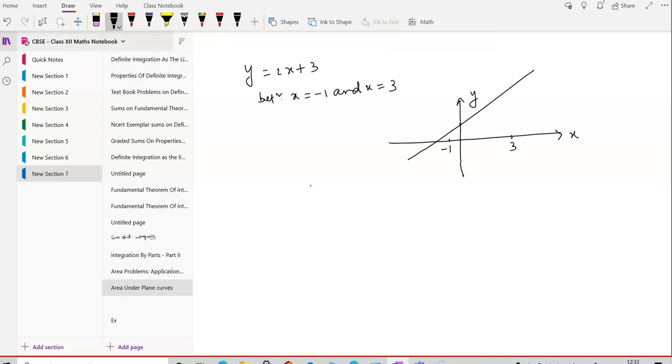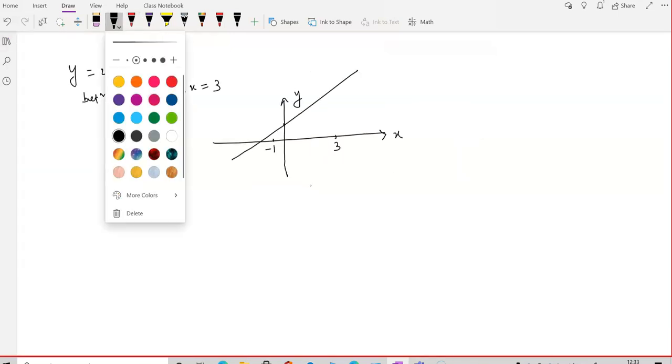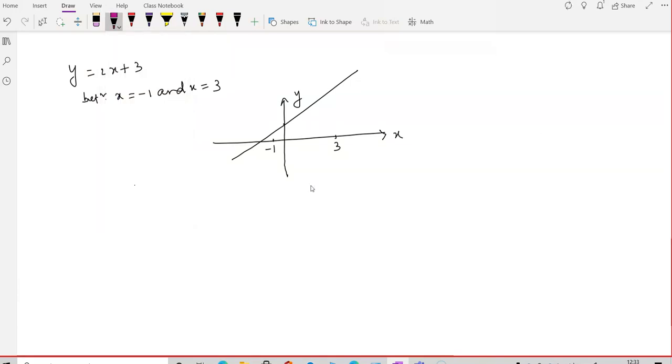Okay. So our problem is to shade the region first and then to state the area. So between x equal to minus 1 and x equal to 3, the area will be like this.